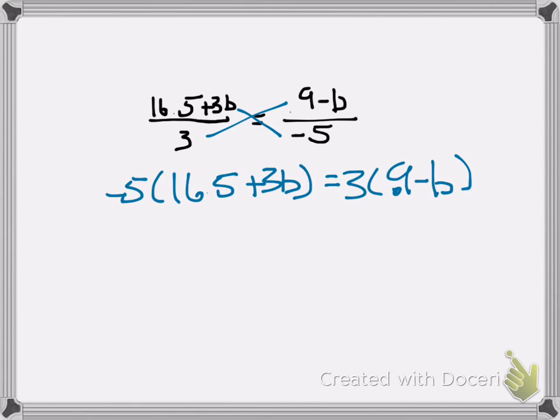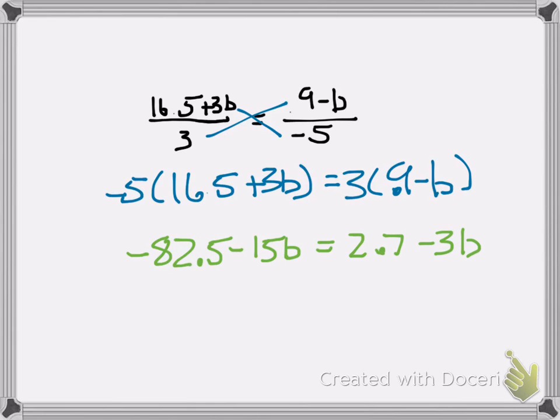Sorry, it's a 0.9. When I distribute, I get the following. Negative 82.5 minus 15b equals 2.7 minus 3b.